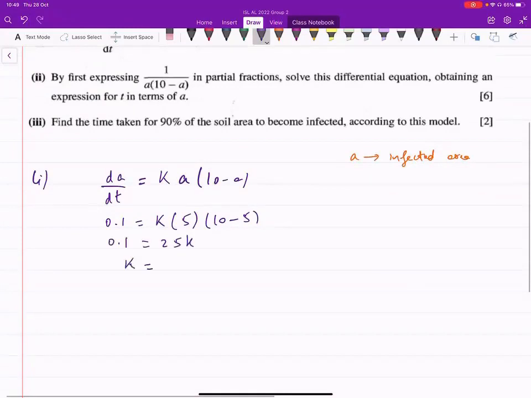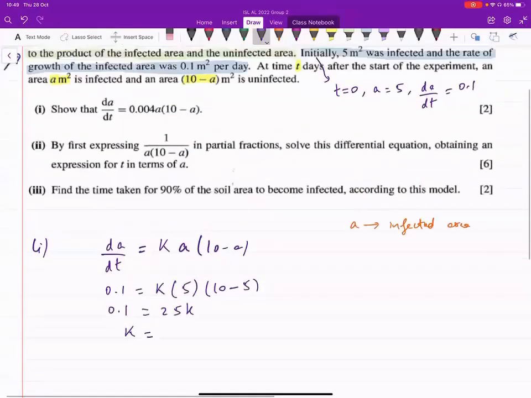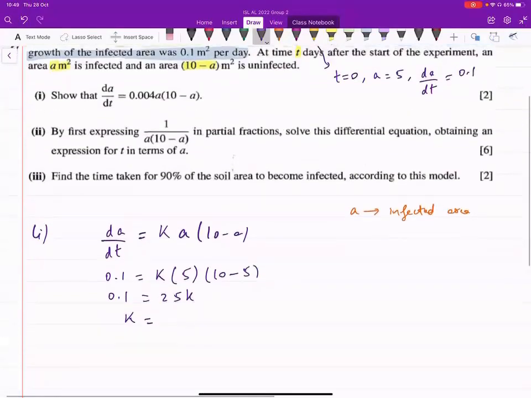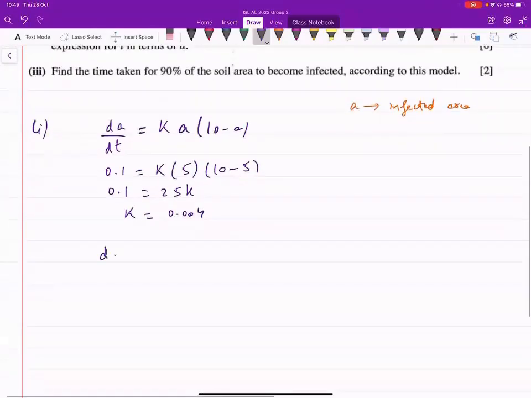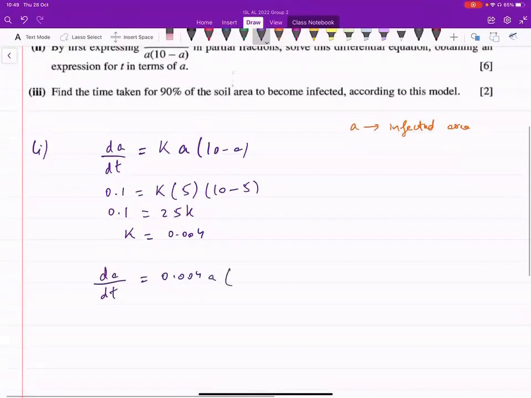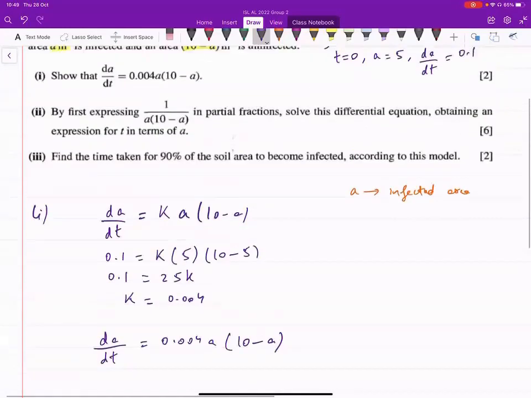What is k? 0.1 over 25. क्या आता है? 0.004 आ रहा है? 0.004, that's the value of k. So dA over dt therefore is 0.004 into A into 10 minus A.